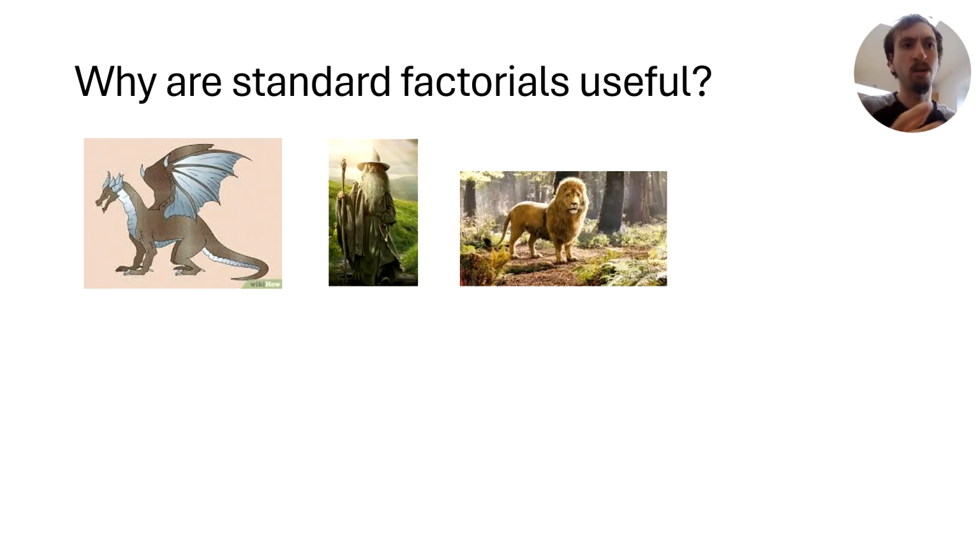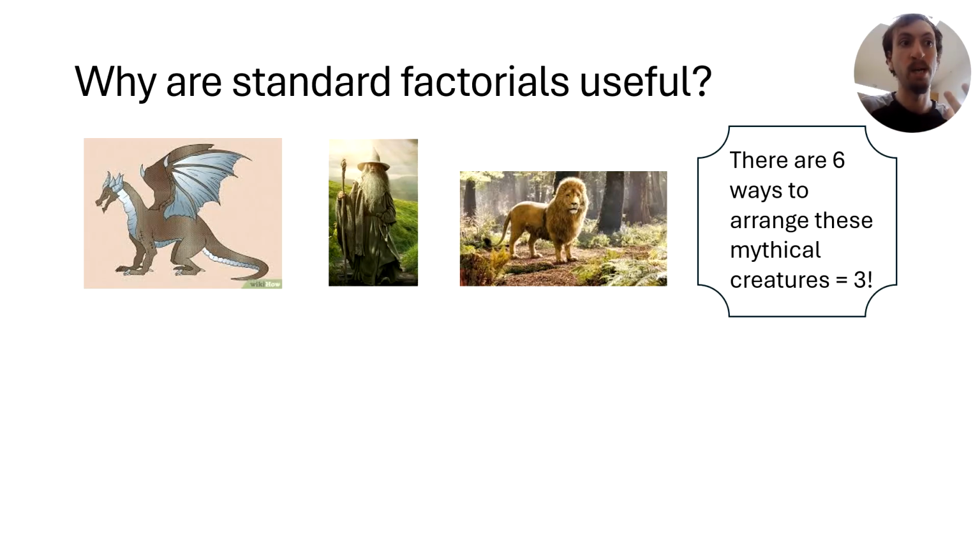And clearly these are three distinct pictures, and we might wonder, if we're going to rearrange their order, how many arrangements can we have? And it turns out that that is given by the number of distinct objects, so in this case 3 factorial.